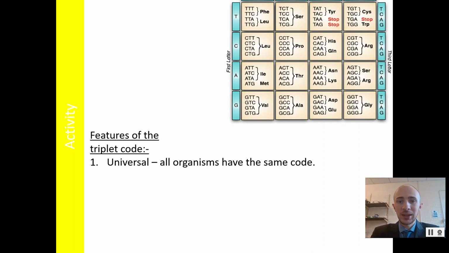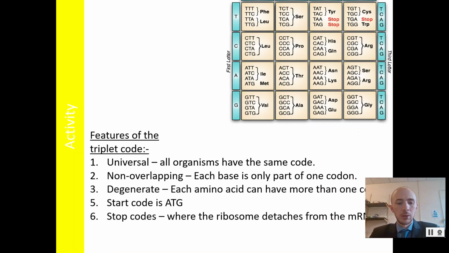So if you have TTT as your first codon, your first 3 bases of your DNA, that will code for phenylalanine. You can see, top left of this little table, TTT is phenylalanine. And that's true whether you're a bacteria, an insect, a tree, or a human. It's always true.